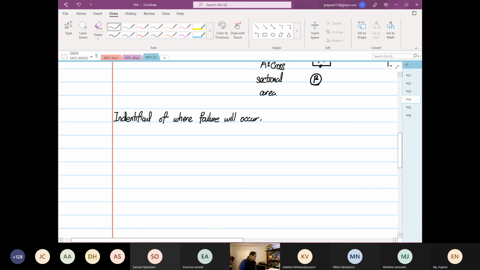Now we're going to look at a simply supported structure first.